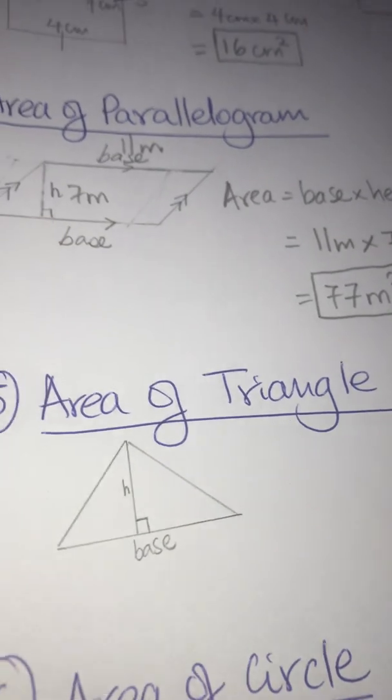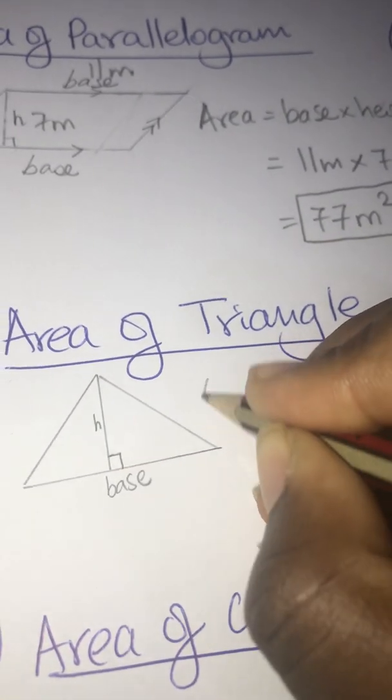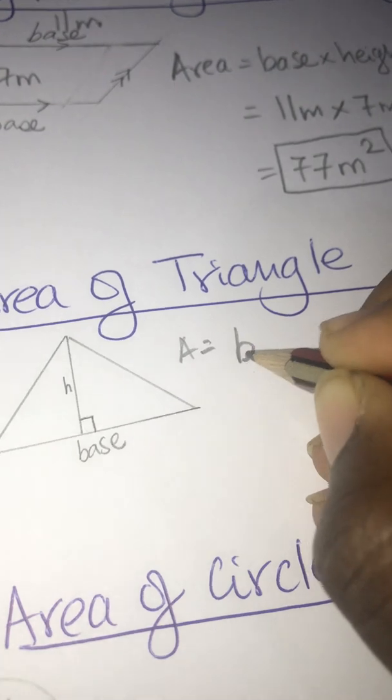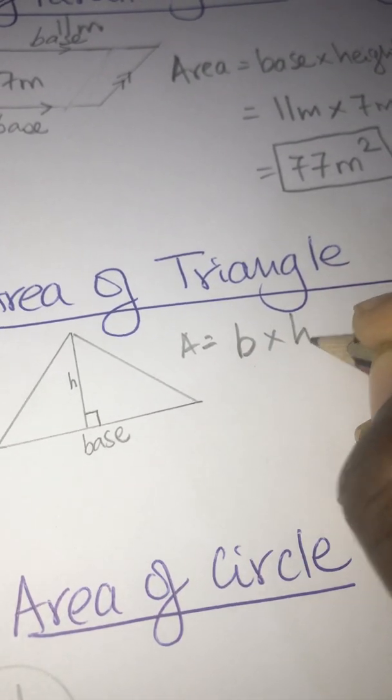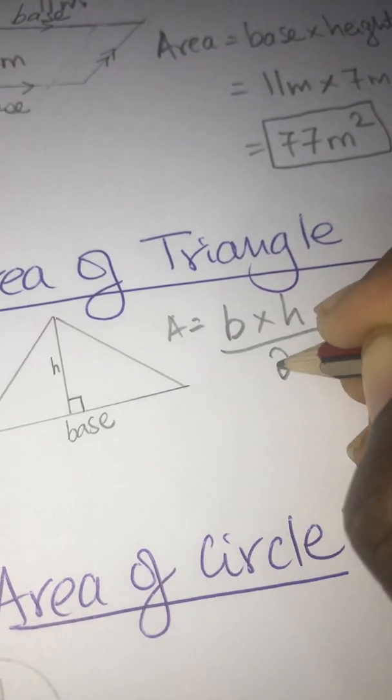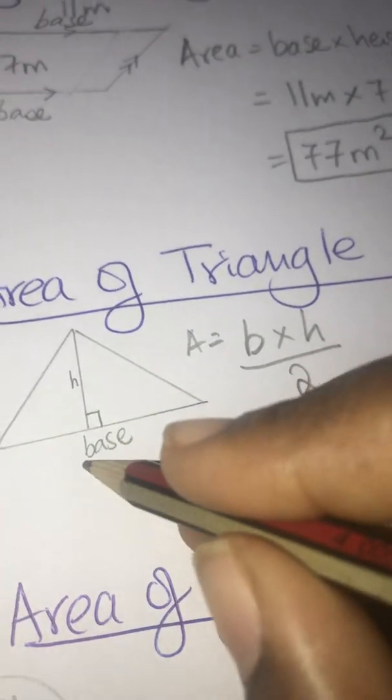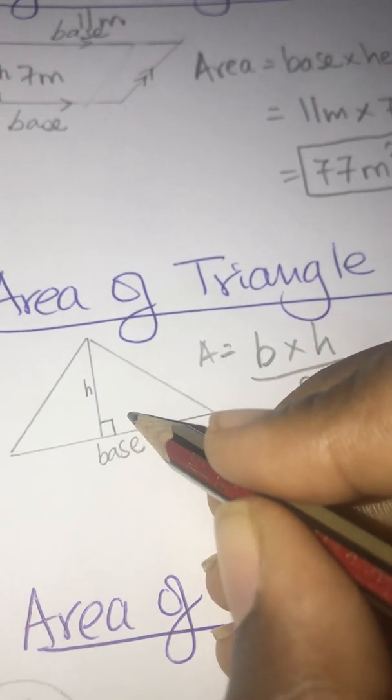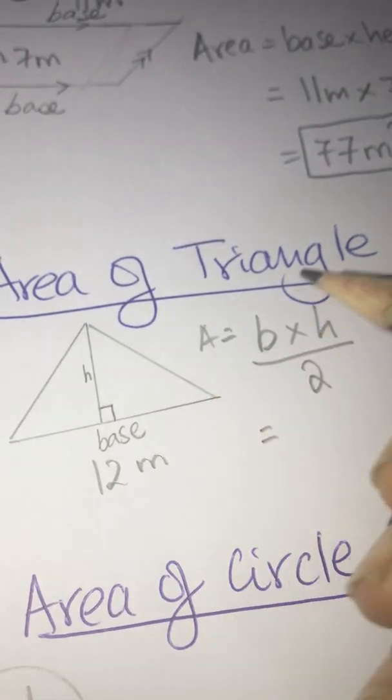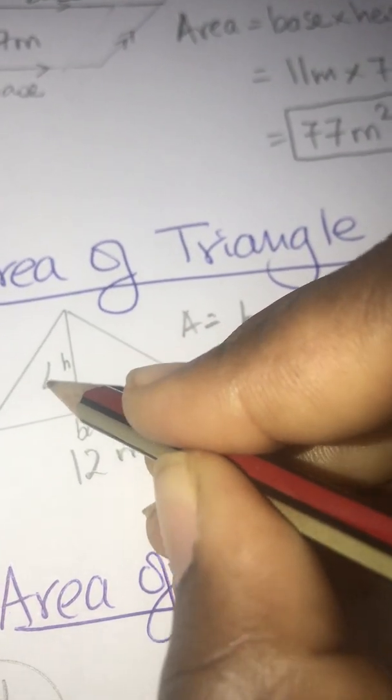Okay. All right. Now how to find area of a triangle? Area of a triangle equals base times height divide by 2. So we put a number here. Let's say this is 12 meters. What do I want my height to be? 4 meters.